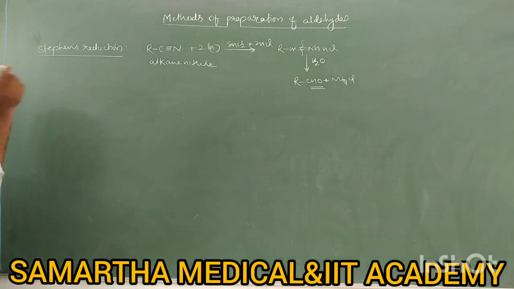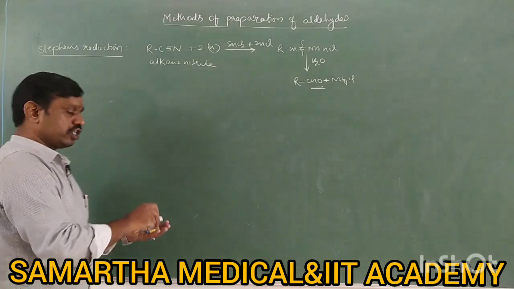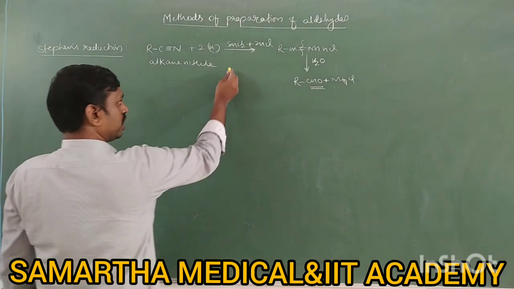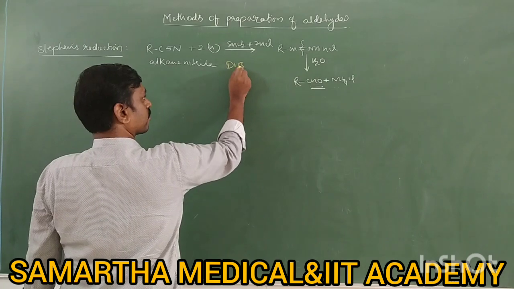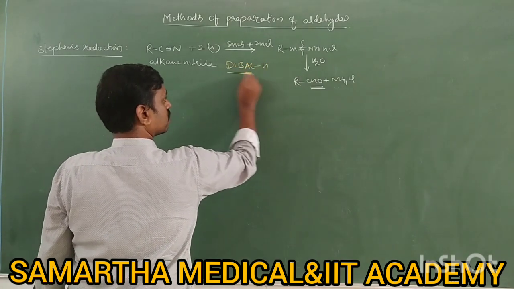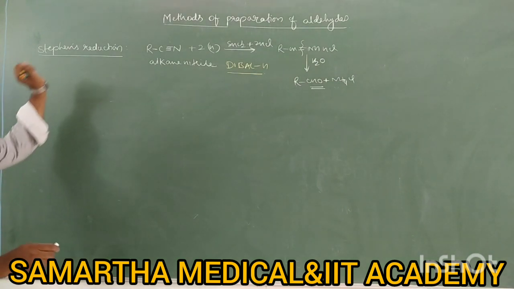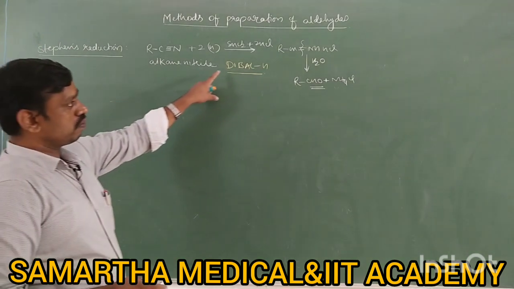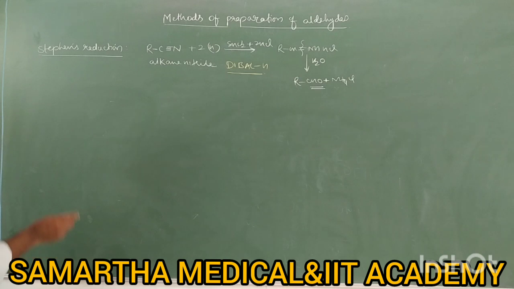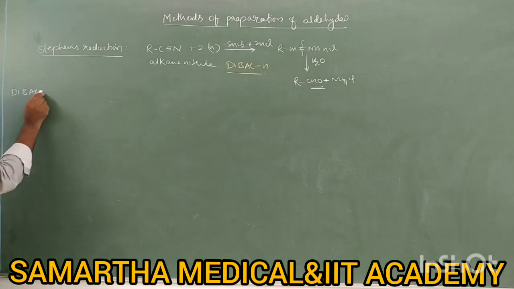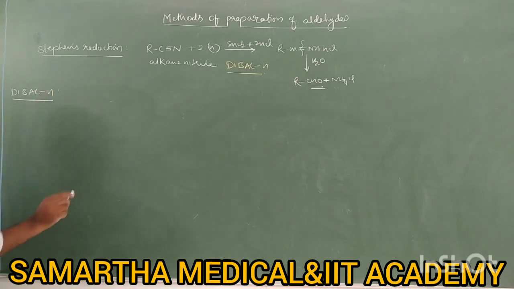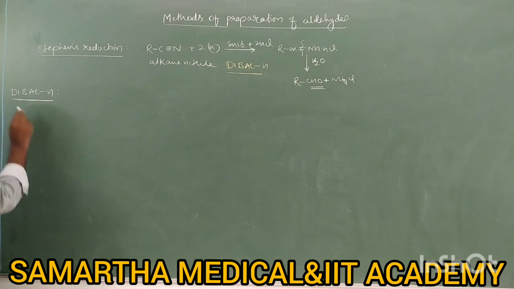Then we also studied that the same reaction can also be carried out by using DIBAL-H. Important, particularly for NEET and JEE. What is DIBAL-H? DIBAL-H is a selective reducing agent.